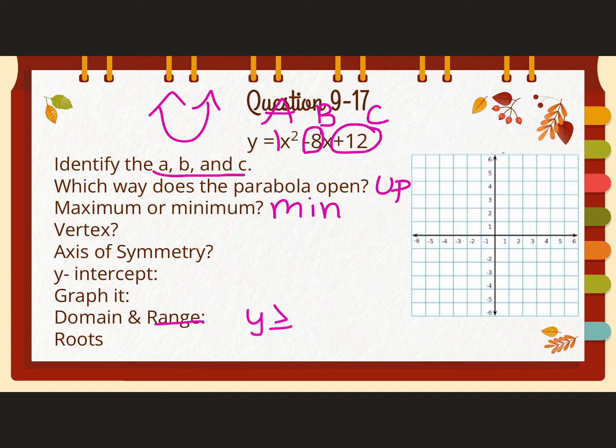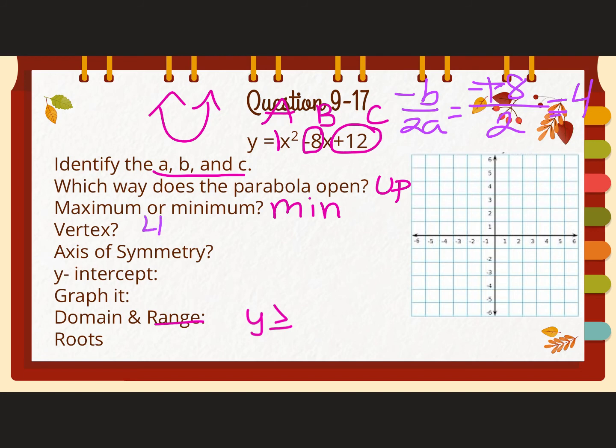So to find our vertex, we know we're going to use the formula negative b over 2a. So our negative b, a negative times another negative, will give us a positive 8, over 2 times 1, which is just 2. Well, 8 over 2 reduces to the number 4.